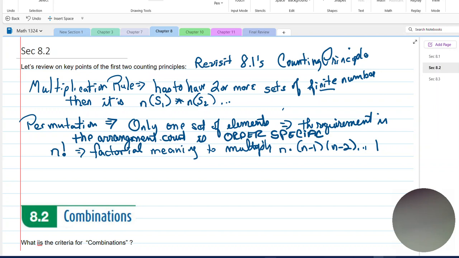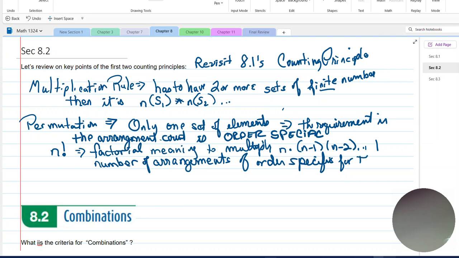Okay, so then from that, those are the number of arrangements, order specific, for the entire set used. Okay, so the factorial does that.